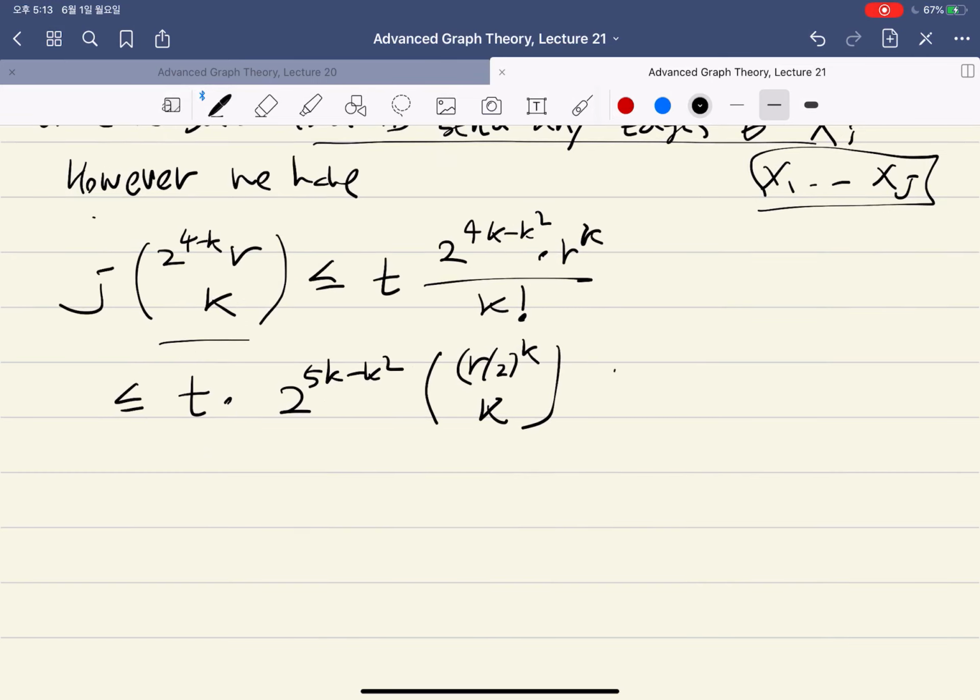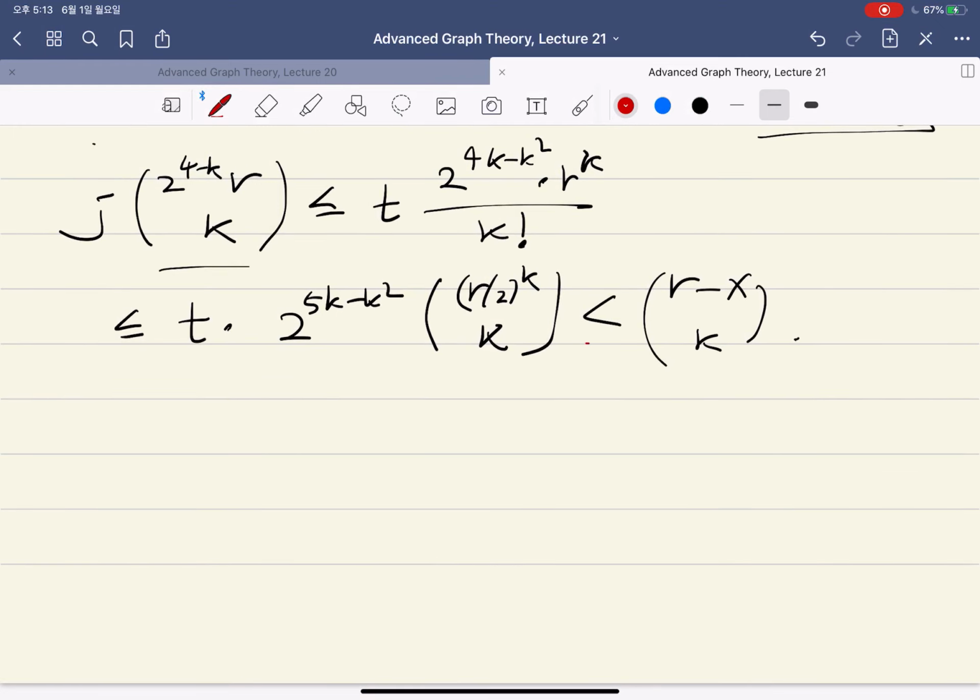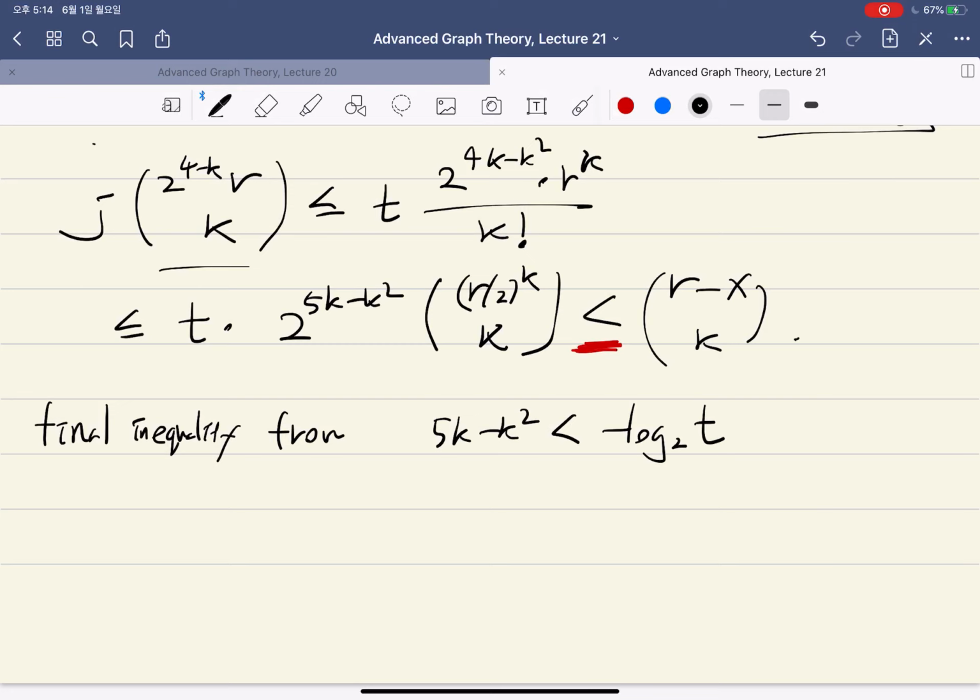And you can actually check that this is smaller than r minus x choose k. So here we obtain this final inequality from the fact that 5k minus k square is smaller than log 2t. So that means this part goes away.